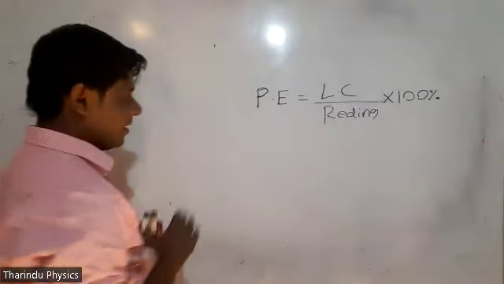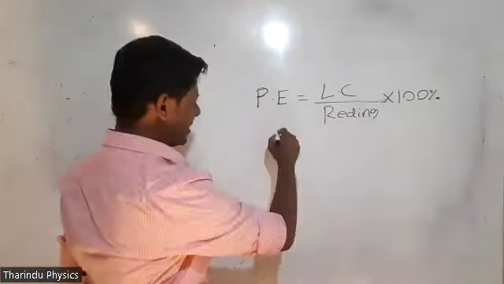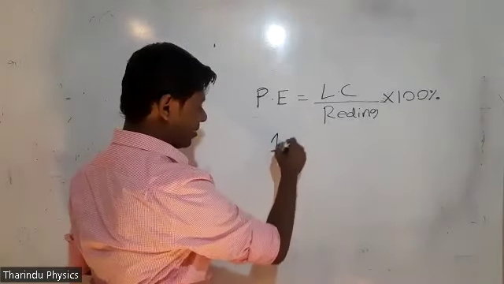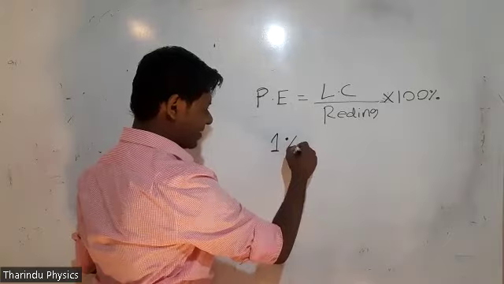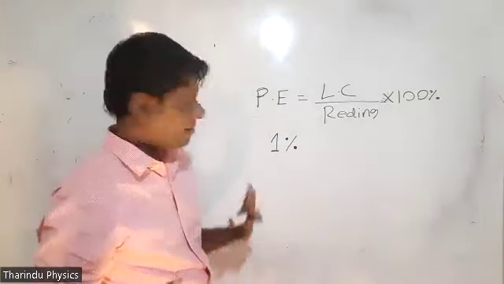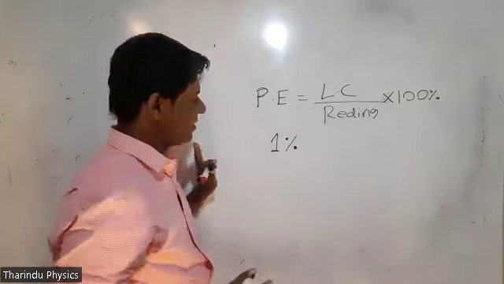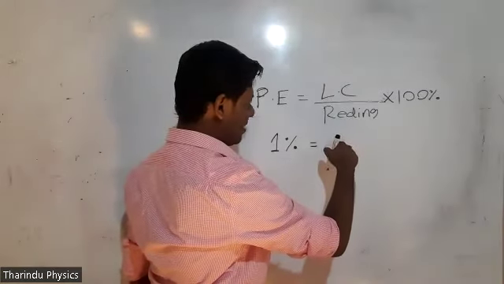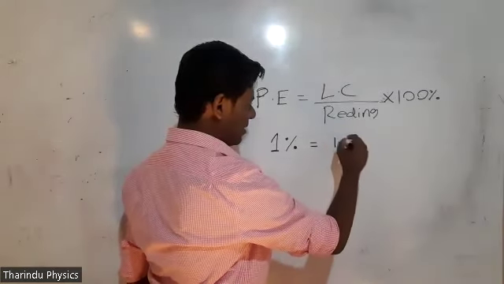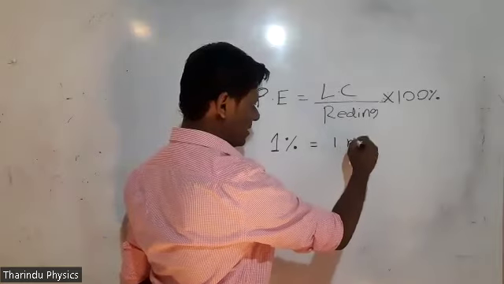Now, I told you the percentage error tolerance is only 1% for regular physics activity, right? So for the least count, you can substitute any least count given there. For a millimeter ruler, it is 1 millimeter.